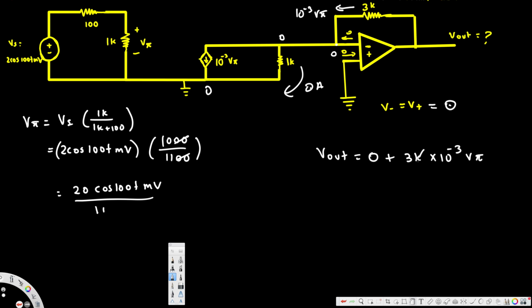The K and the 10 to the power of minus 3 cancel, and we are left with 3 V5. We found V5 already, that's 20 cos 100t millivolts divided by 11, and if you multiply that by 3, you get 60 cos 100t millivolts divided by 11, and that's going to be the Vout voltage.